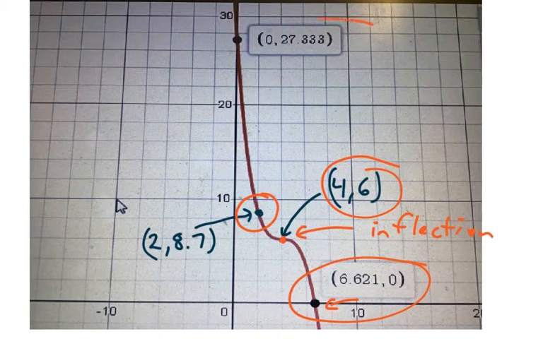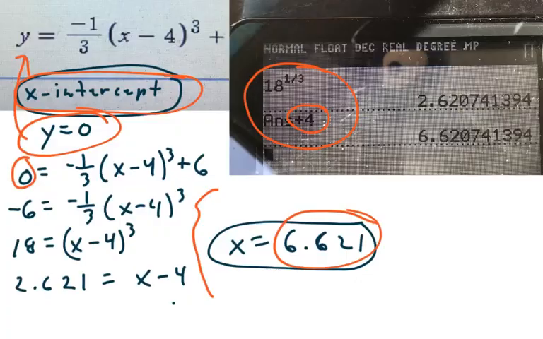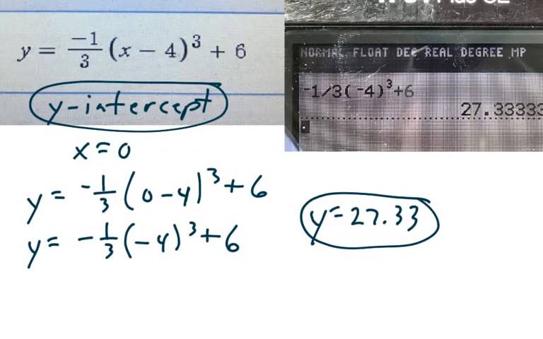Okay. What about the y-intercept up here? Well, you see, you plug in 0 for x. And again, pause the video here one last time if you need to. What I did here was, to find the y-intercept, I had to plug in x equals 0.